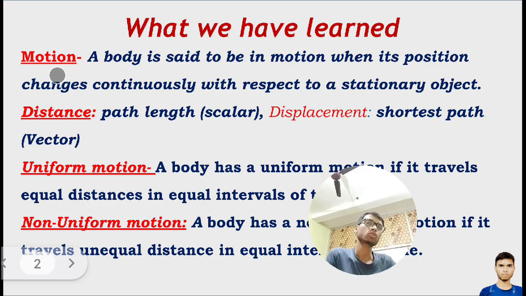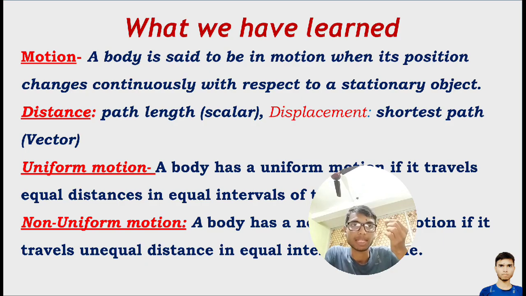Motion. Look, it is saying an object which is in motion. An object will be moving, meaning it will be covering distance, and it will be taking time to move from one place to another place.